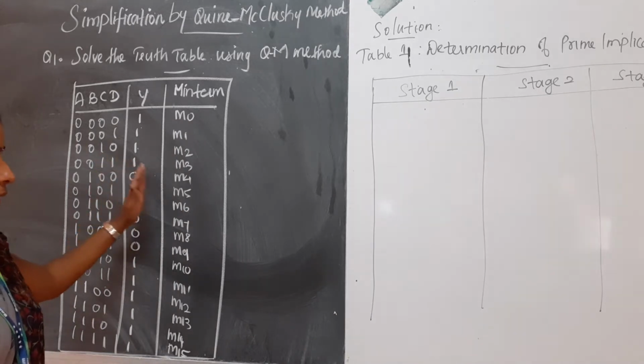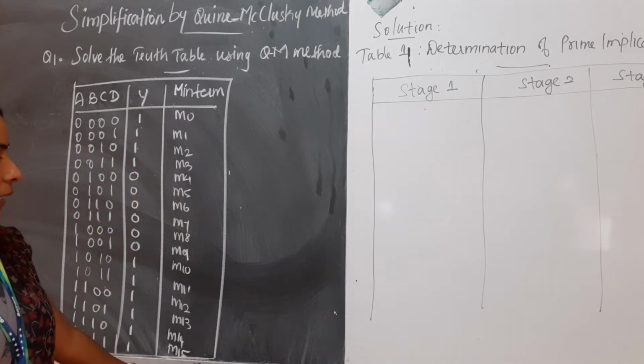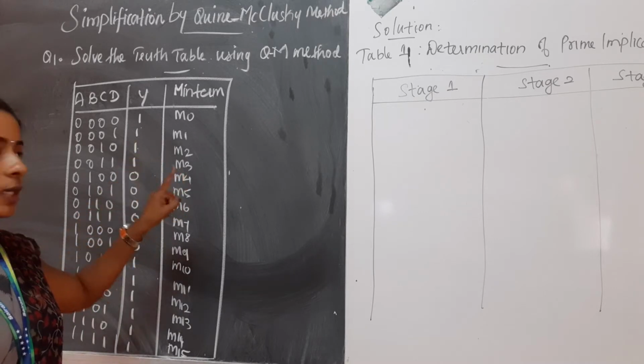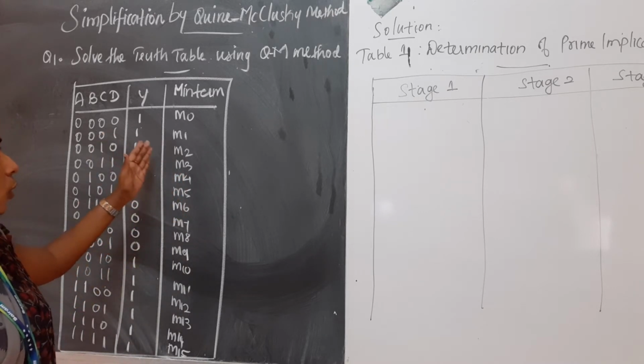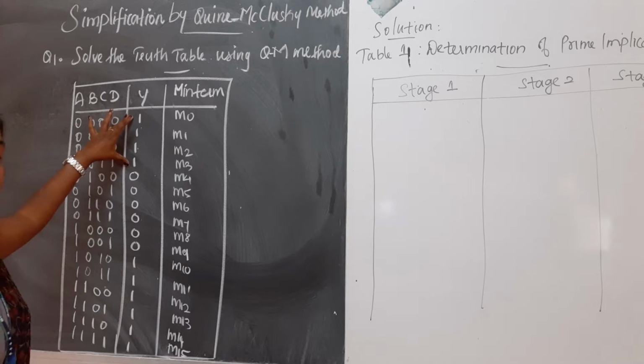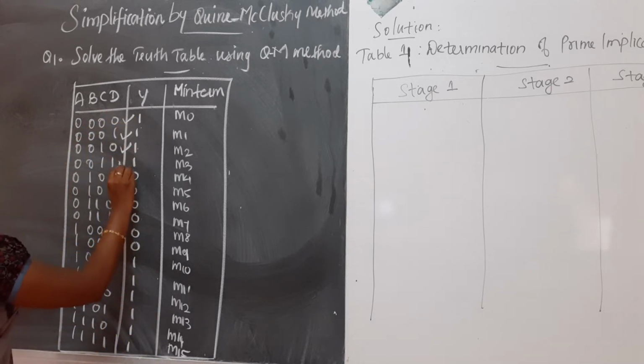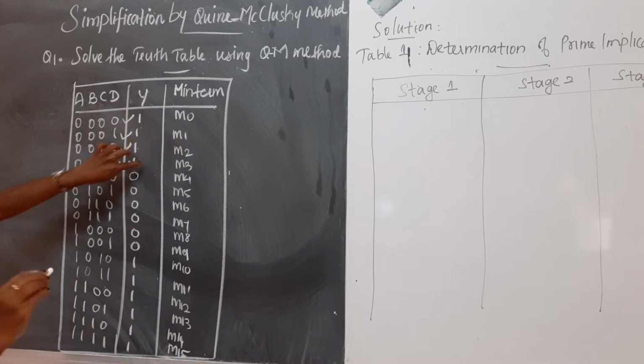So you can see the truth table now. From the truth table, you have to pick only the minterms whose output is 1. So you can see here, M0, M1, M2, M3 outputs are 1.